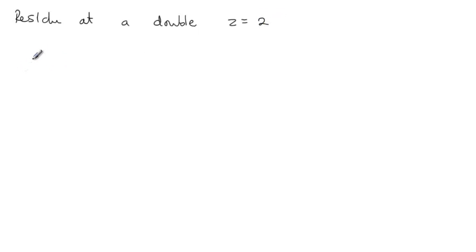This is for the function f(z) equals (z³ − z) over (z − 2)² (z² + 4).